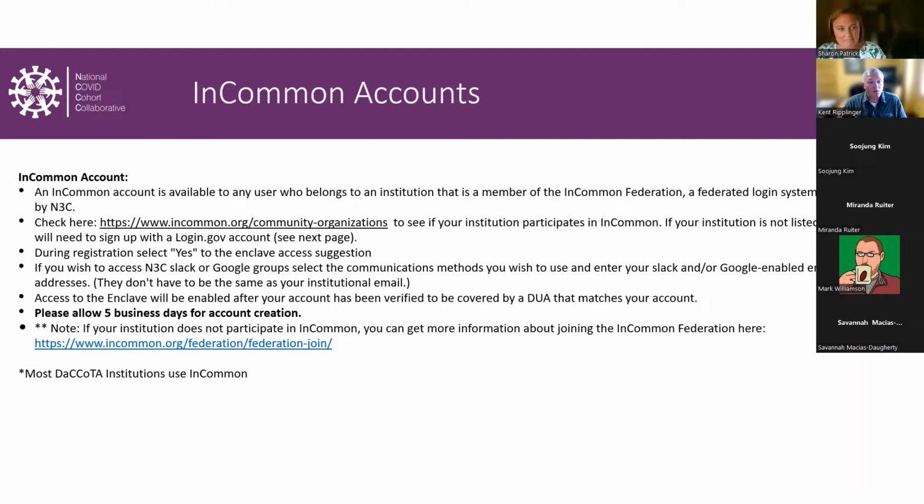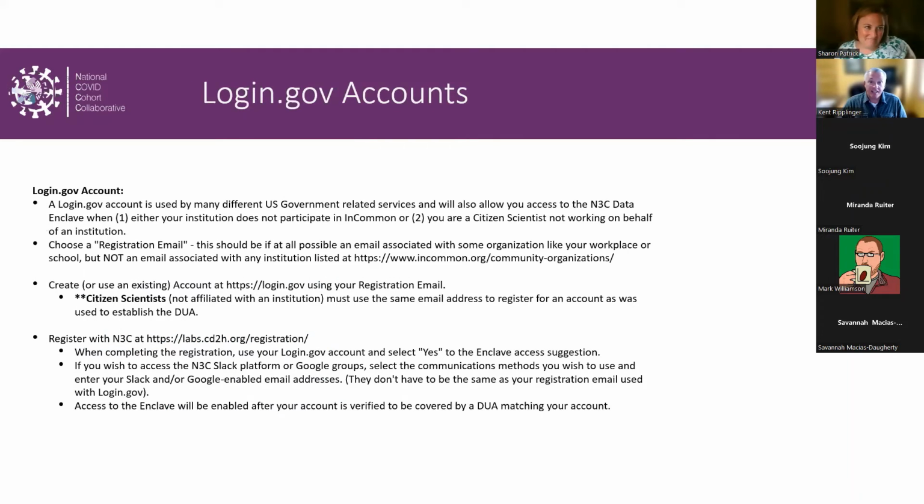But if you weren't able to log in with an InCommon account, which would be uncommon, you could log in with a .gov account. Kind of the same concept. You would use your institutional email and a two-factor authentication app like Duo. And again, this is in the presentation more for reference than anything else.